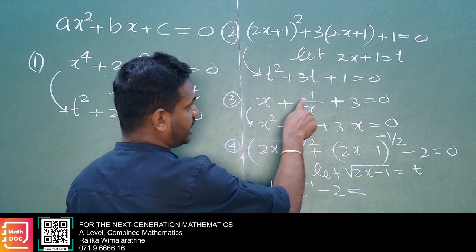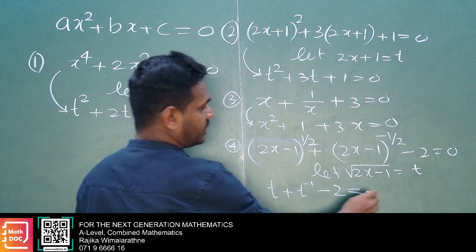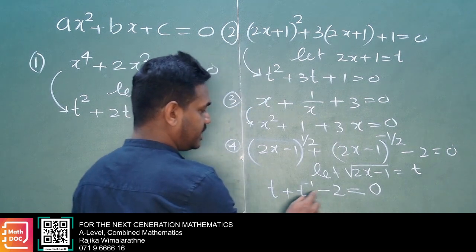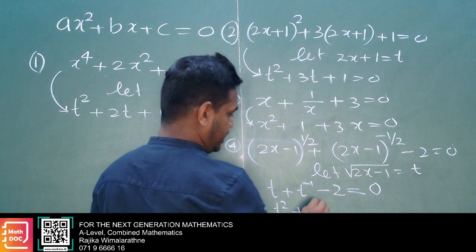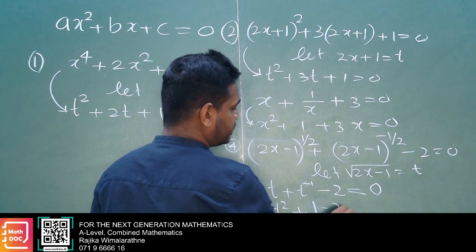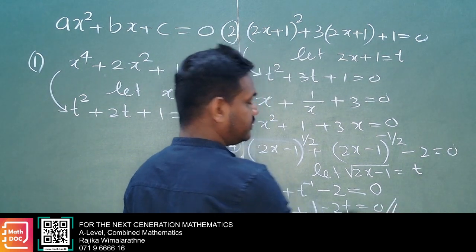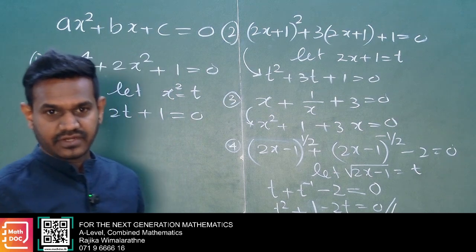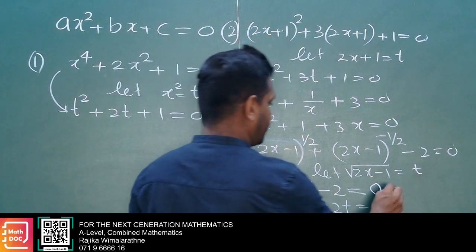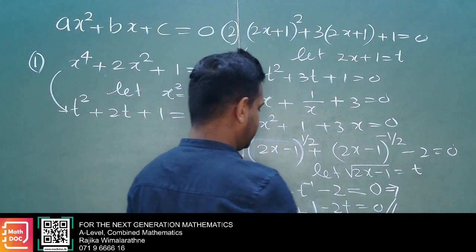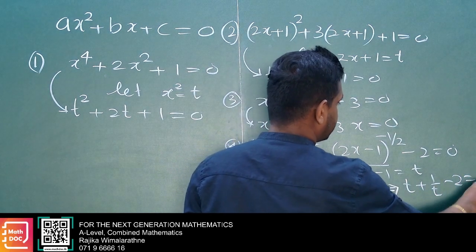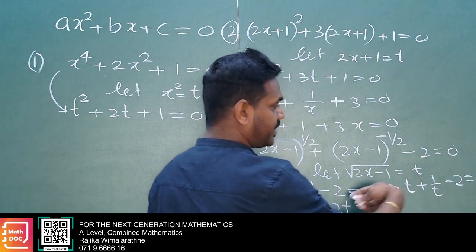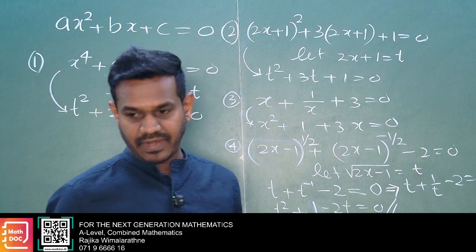Now we can multiply with t. Then t squared plus 1 minus 2t equals 0. Now it is reducible, no? That is also quadratic format. You can follow this procedure: t plus 1 over t minus 2 equals 0, then multiply by t, and you get a quadratic pattern.